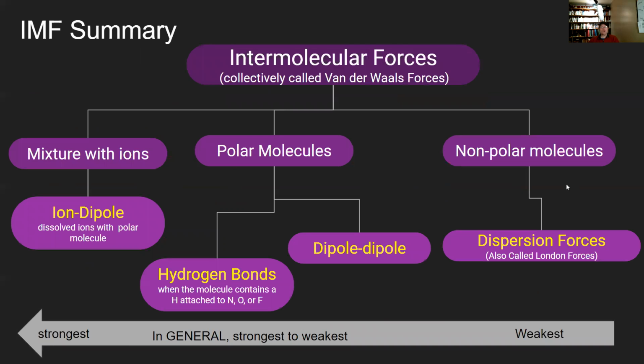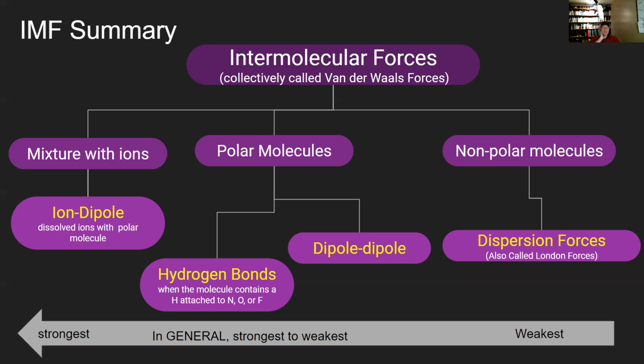So here is an overall flowchart summary of all intermolecular attractions. Hopefully this will be helpful for you to try and piece all this together in a visual sense. Intermolecular forces, again IMFs, are collectively called van der Waals forces. Mixtures with ions versus polar molecules versus non-polar molecules.